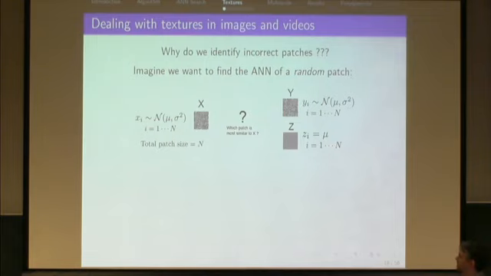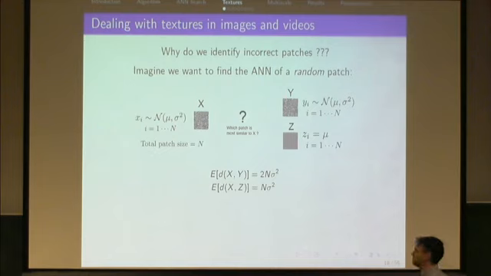And you ask which patch is most similar to X, Y or Z. You can perform a simple calculation. You compute the distance from X to Y, and the distance from X to Z. Then you take the expected value, taking into account this random model and the fact that these two are independent. You end up with 2n sigma square for this distance and n sigma square for this distance. That's a very simple calculation.